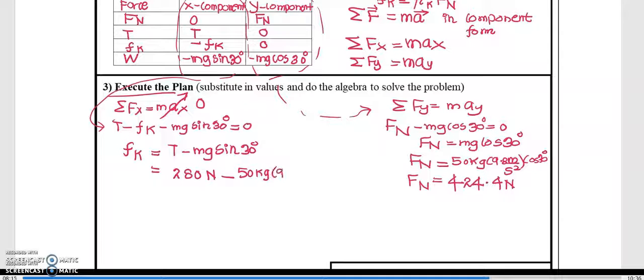So 280 newtons minus mass 50 kilograms times 9.8 meters per second squared times sine 30 degrees. If you solve for the kinetic friction, you will get 35 newtons in negative x direction.